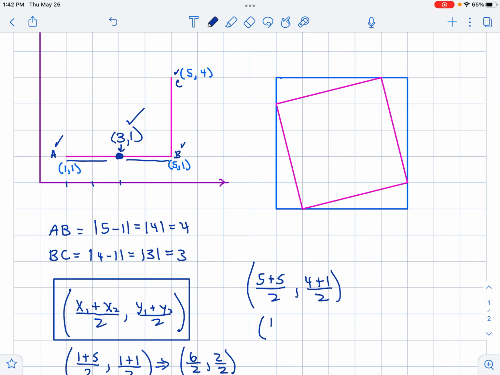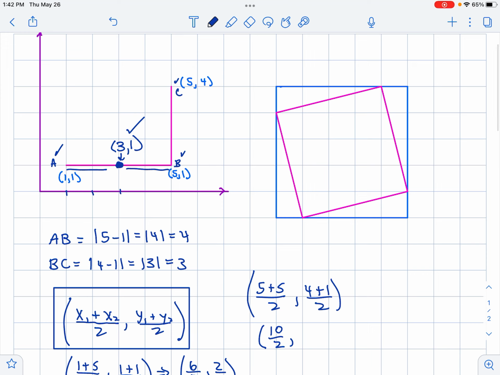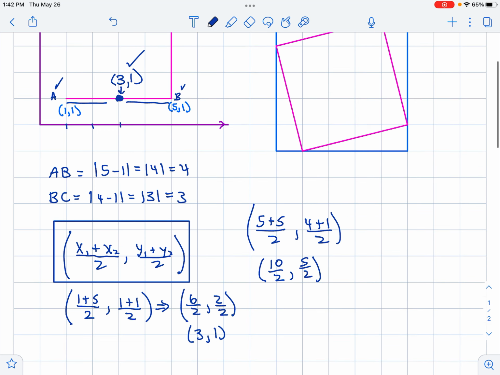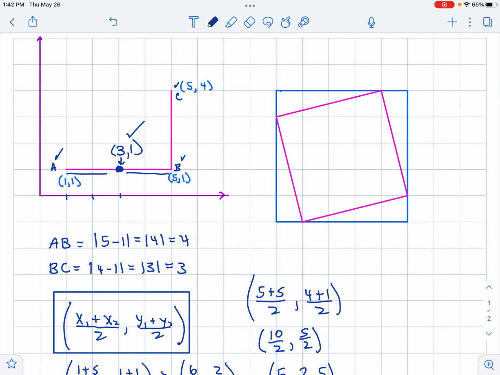We get 10 over 2 and 5 over 2. So here we go, we've got the point 5, comma, 2.5. So 1, 2, 2.5 is about right there. Yeah, that's the midpoint. So that's how we find the midpoint.